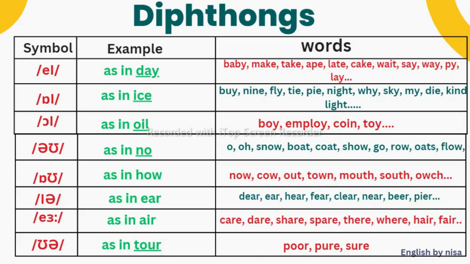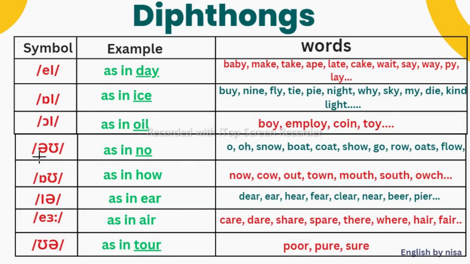Here for the diphthongs, I have given all the symbols together and the examples also. You can pause the video and take a screenshot for your further reference. This E and I produce the A sound, like in baby, make, take, ape, late, cake, wait. This produces the I sound, and the oi sound. This produces the O sound. This produces the ow sound.